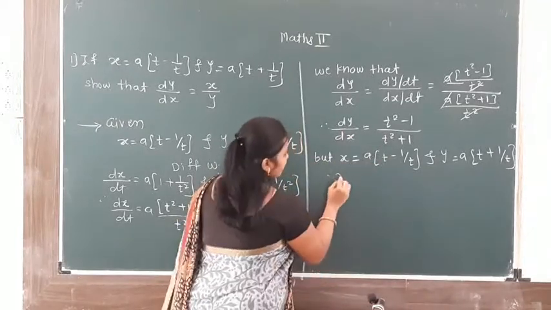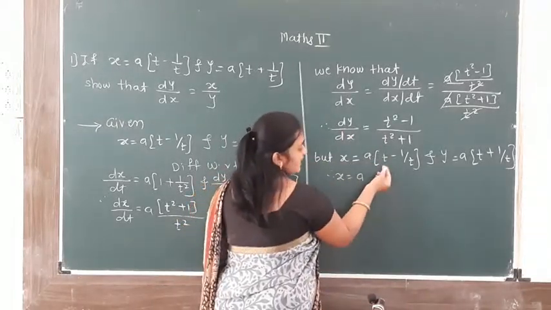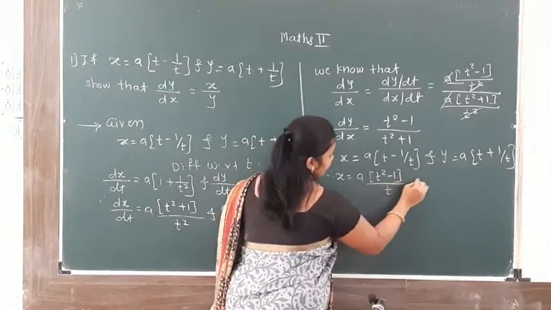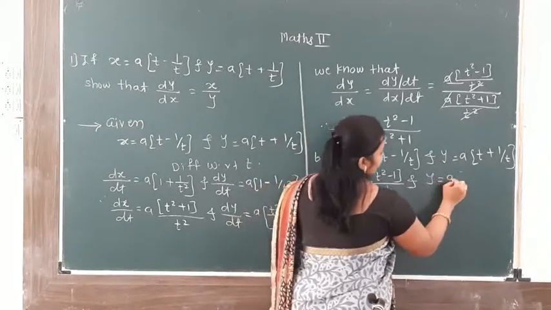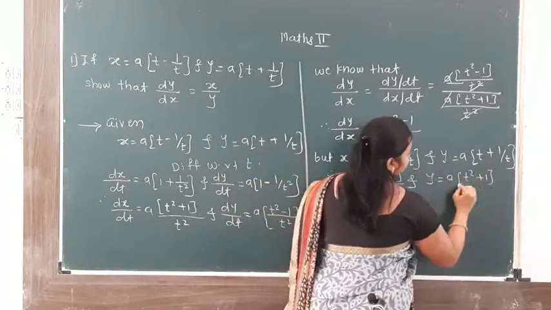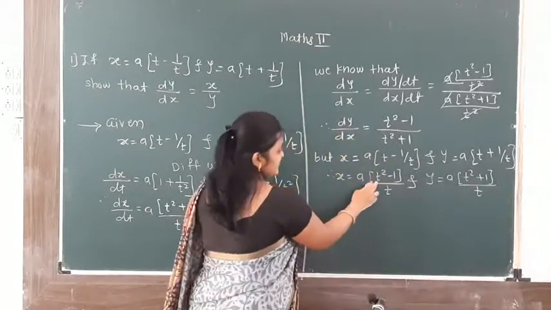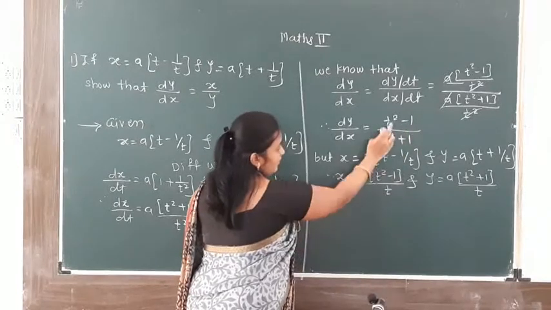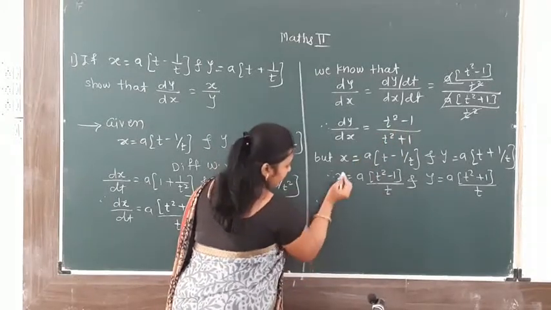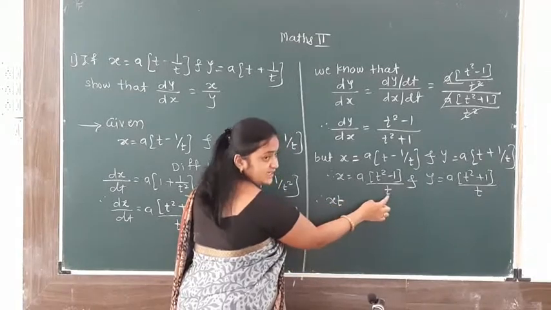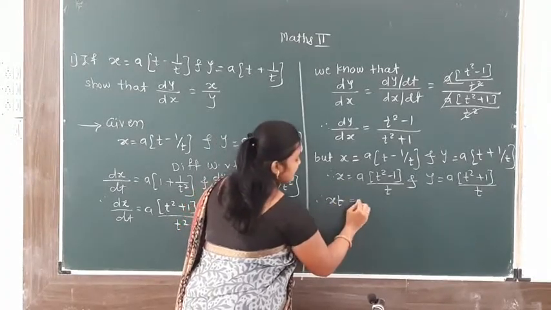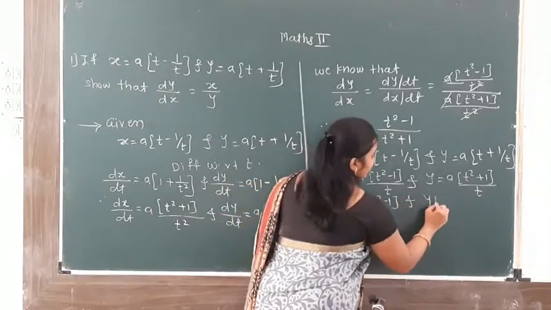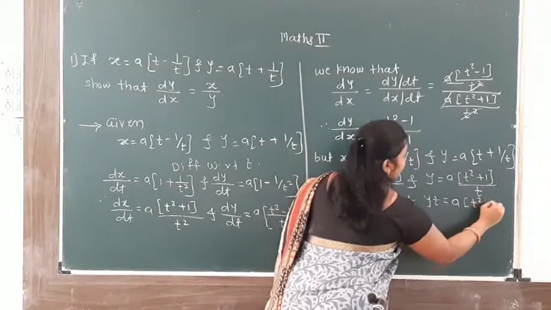Simplify here: x is equal to a(t² - 1)/t, since the denominator is not the same, and y is equal to a(t² + 1)/t. Now the term t² - 1 is present here, so we replace it: xt is equal to a(t² - 1). Similarly, yt is equal to a(t² + 1).